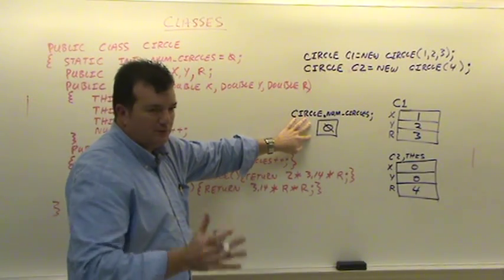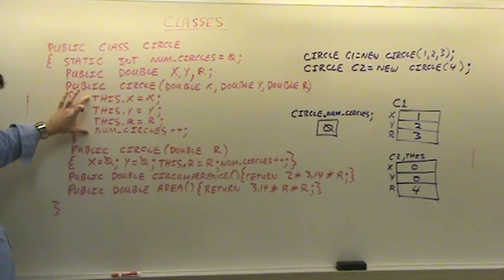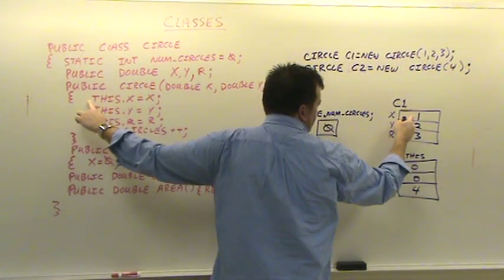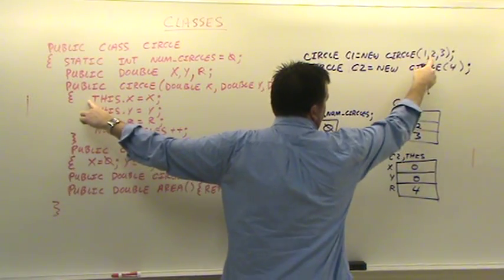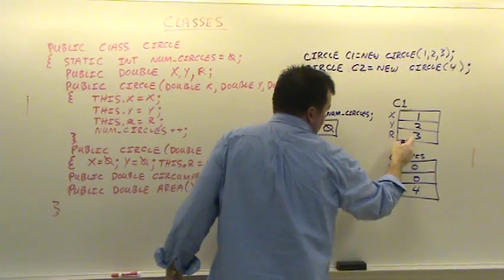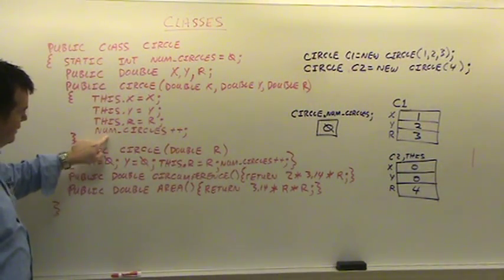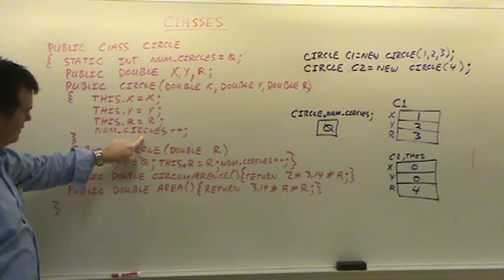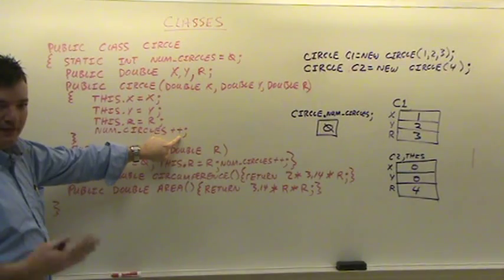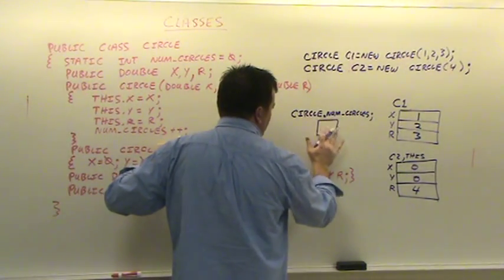We could add 1 to it, subtract 1. But in this case, when we created the first one, we copied the x value 1 into this field, then 2 got copied into this field, 3 got copied into this field, and then for the static variable, num circles, we did a plus plus operator. If you remember, that means add 1 to the current value. So this became 1.